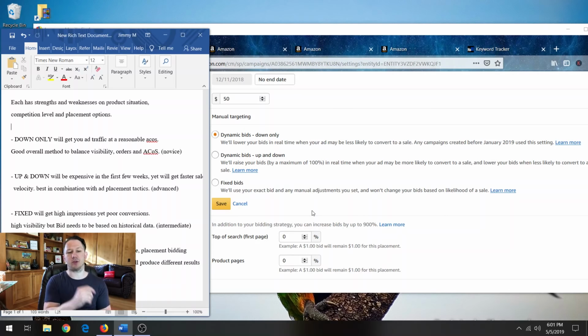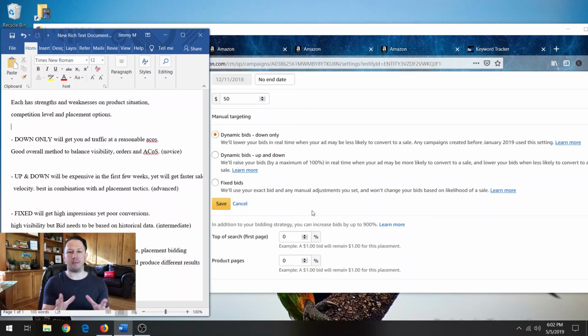Sometimes, I always test first, but sometimes I will test with fixed bids. And what that'll do is it'll show your ad more, okay? And then if you already know you're converting well for this specific keyword, test fixed bids and see how it performs for you, okay? So the next one we're going to talk about is dynamic bids up and down, okay?